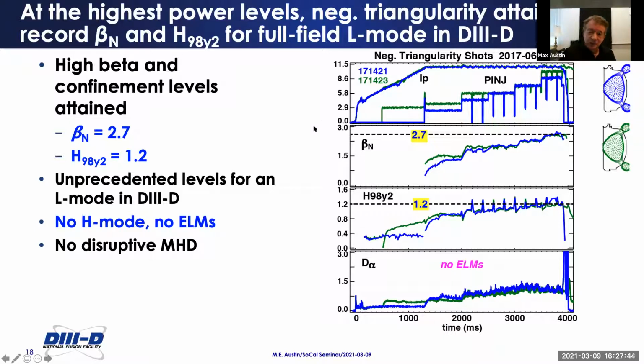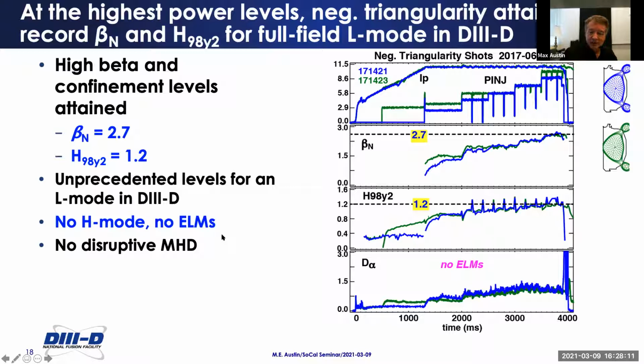As I pointed out earlier, D3D discharges, and tokamaks in general running in L mode, do not attain beta normal levels above, say, 1.5, and certainly not high confinement factor. So these were unprecedented levels.